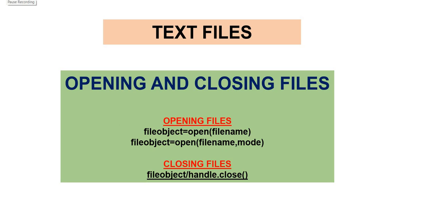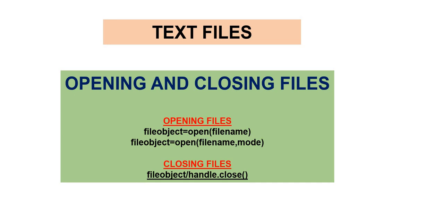So first thing which we need to discuss is text files, I will be doing one by one. In text files we need to open a file or close a file. Opening and closing of files if a file is already existing. Otherwise we can create a file, after creating we can open it. Fine. And when we will be performing opening of files, you can see we have file object equals to open file name.